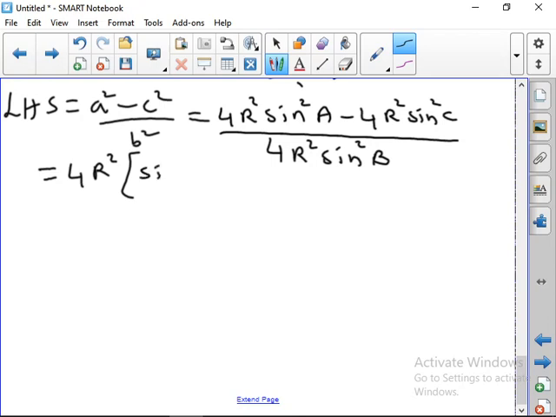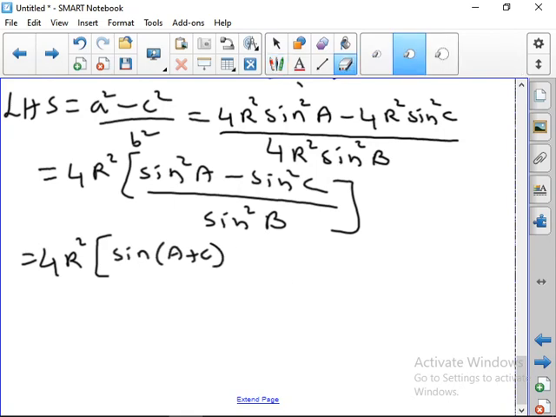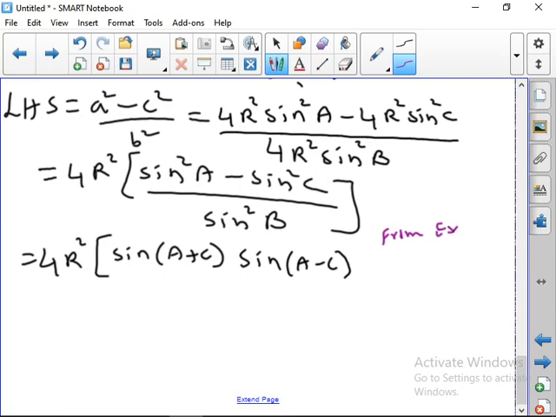So we get sin square A minus sin square C by sin square B. Now this is equal to 4R square into numerator, which is nothing but sin A plus C into sin A minus C, because we have this from exercise 3.4, a problem we have done.